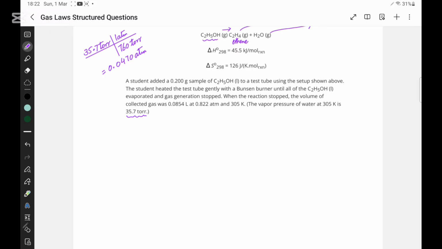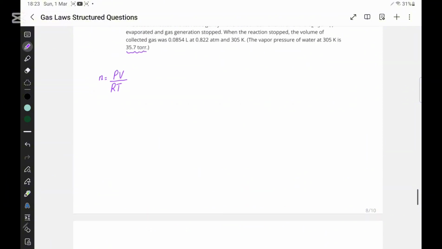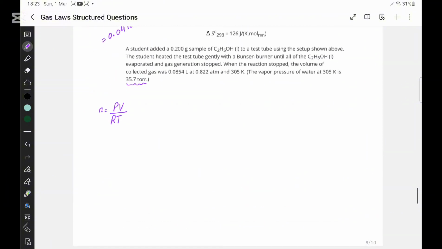First find out the moles of ethene, and for that purpose we need to use the formula n is equal to PV over RT. For ethene we need to know the pressure.